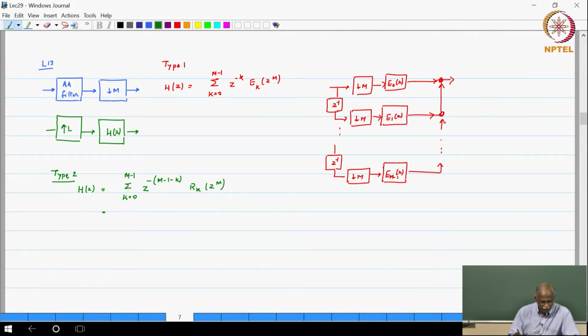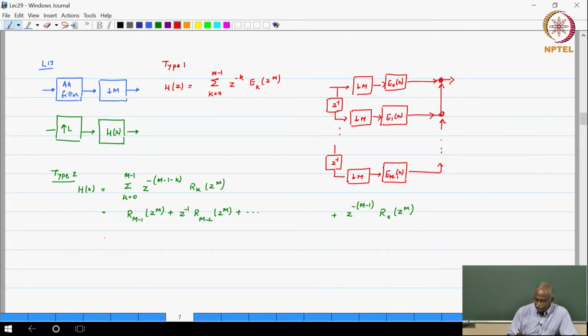So, this is actually r_{m-1}(z^m) plus z^{-1} r_{m-2}(z^m) plus dot dot all the way to z^{-(m-1)} r_0(z^m). Okay.